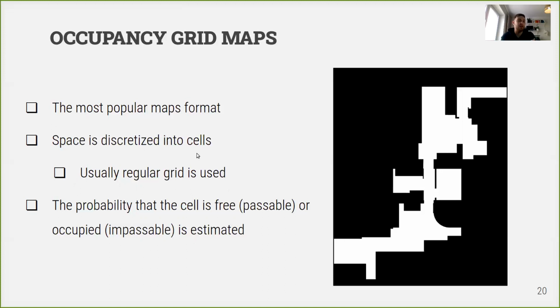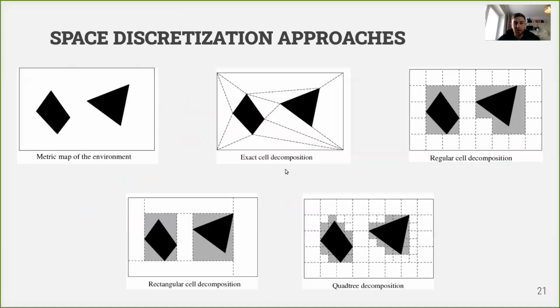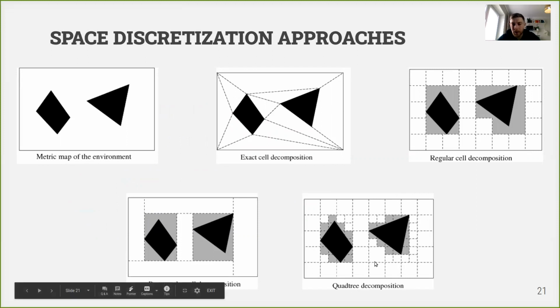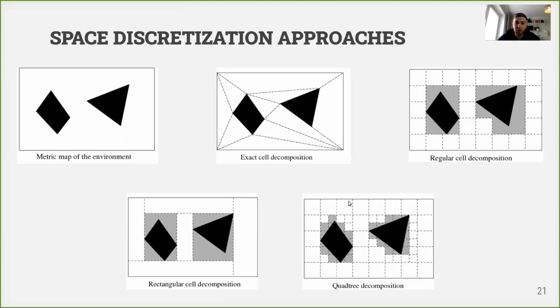But for this slide, these are the types of our space discretization. We said that usually we use regular cell decomposition, but sometimes we can use more exotic types of space splitting. For example, we can use a quad tree, which allows us to have more precision around obstacles, because we want to know more precisely how to travel around obstacles, and we will have less precision in regions which are huge and which are basically free.